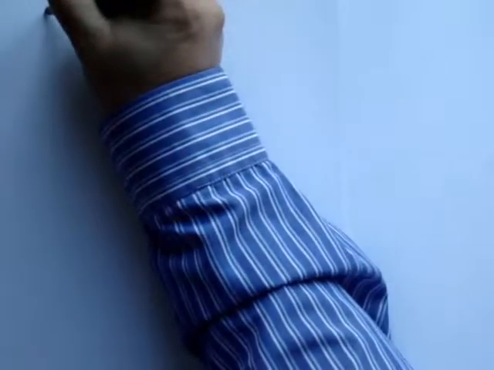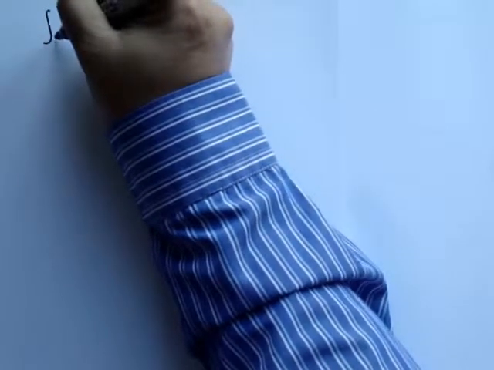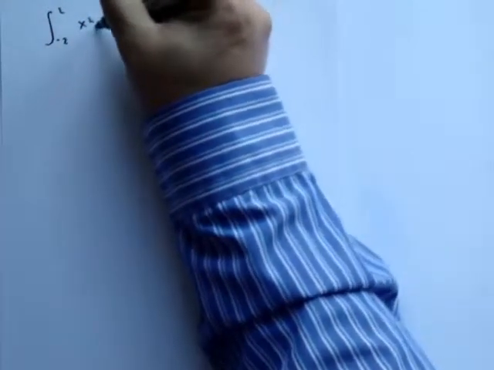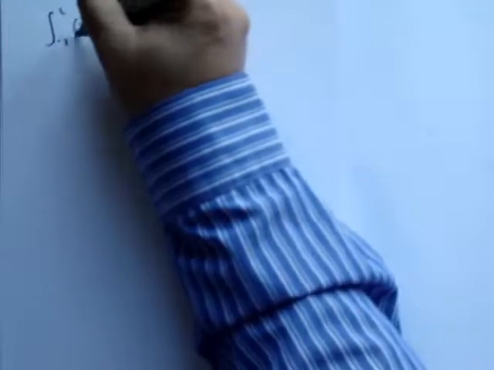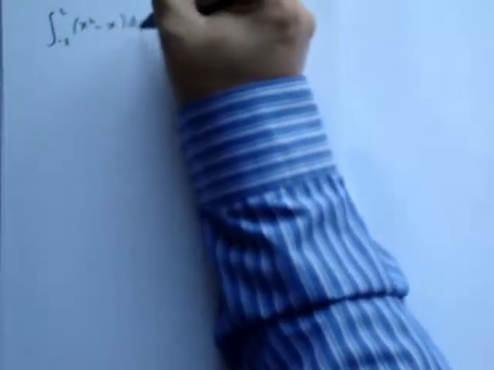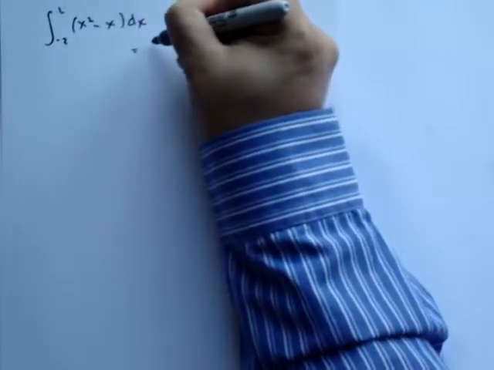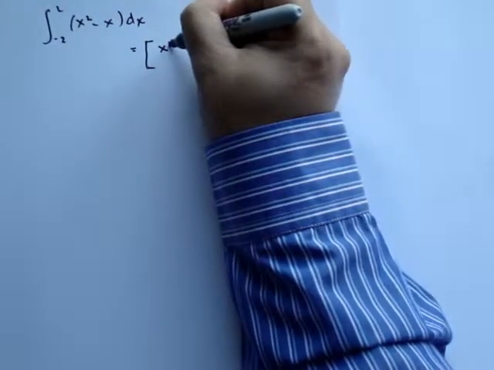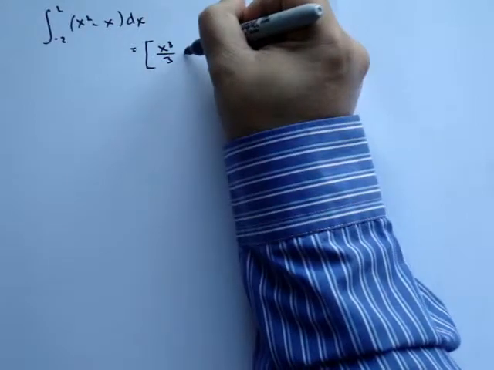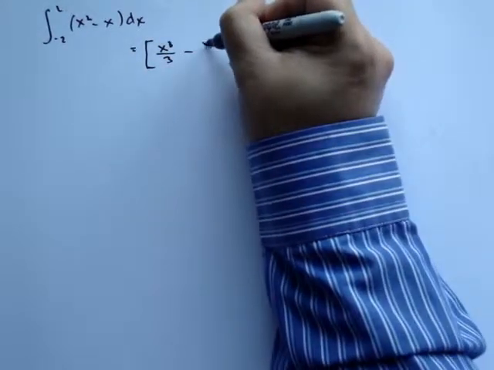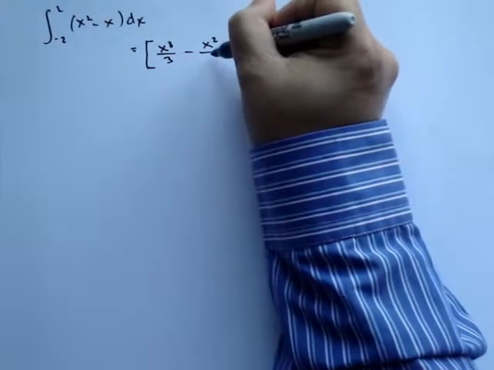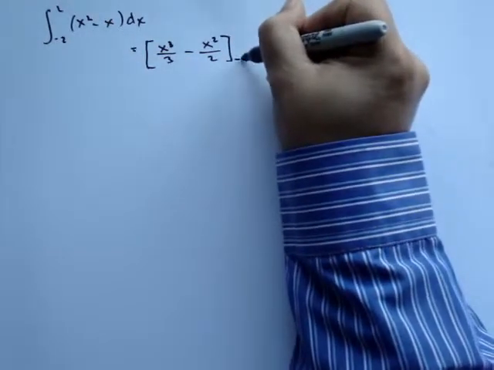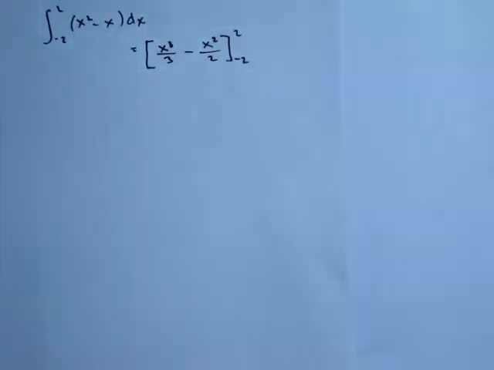Also the definite integral between the limits minus 2 to 2 of x squared minus x dx. When we integrate, x squared becomes x to the power 3 over 3, minus x becomes, increase the power by 1 and divide by that power, x squared over 2, between the limits minus 2 to 2.